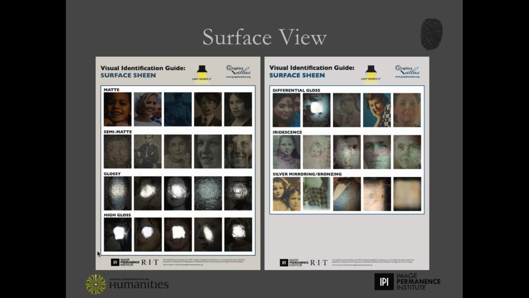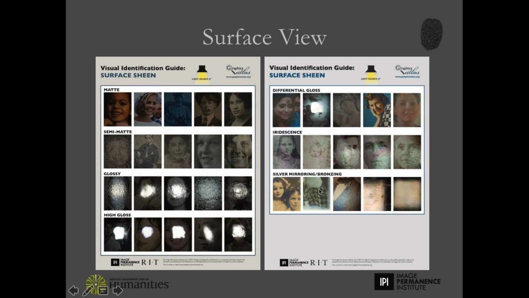Silver mirroring is a sign of silver image deterioration. Bronzing is a term used for a phenomenon in printed out prints that looks a lot like silver mirroring, but it's not the result of deterioration. Silver mirroring is typically accompanied by other forms of silver image deterioration, like fading and yellowing.